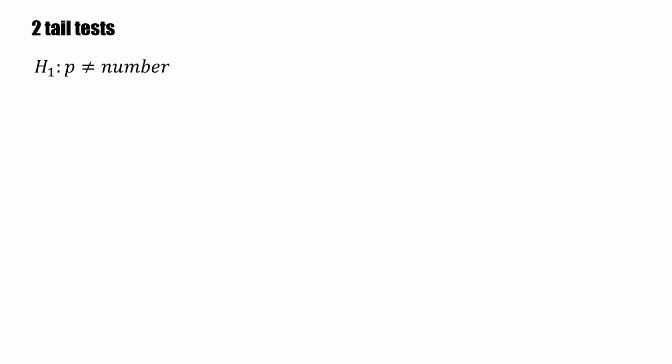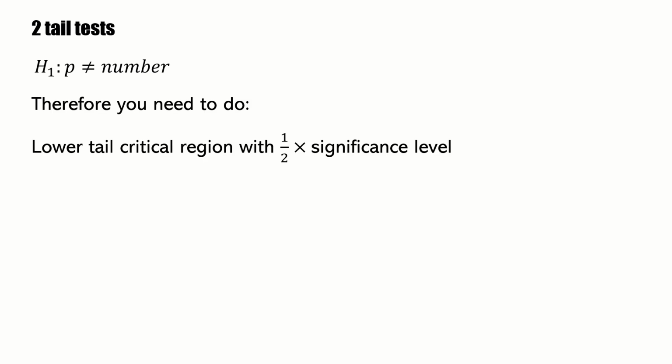That means the method for calculating a two-tailed test critical region reuses a lot of the skills you already have for the one-tailed test. For a two-tailed test, you do a lower tail critical region, but with half of the overall significance level.